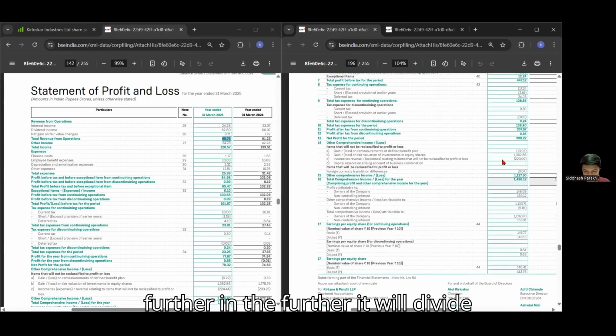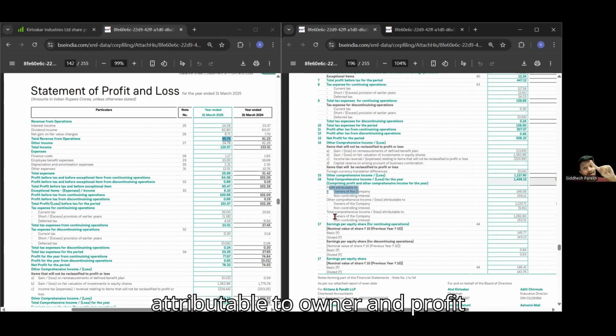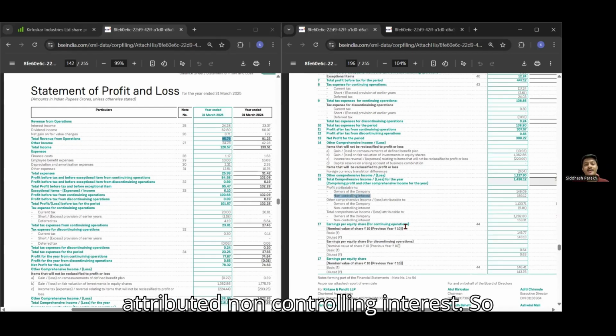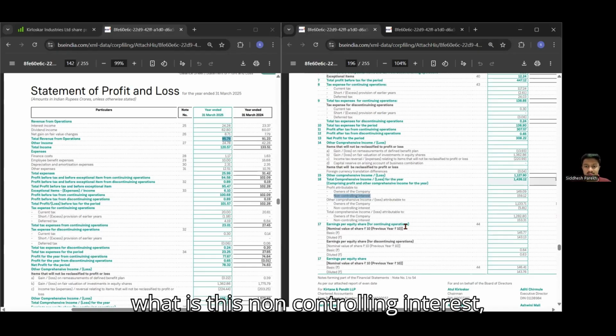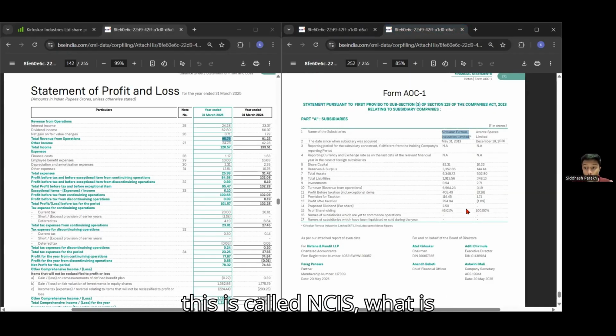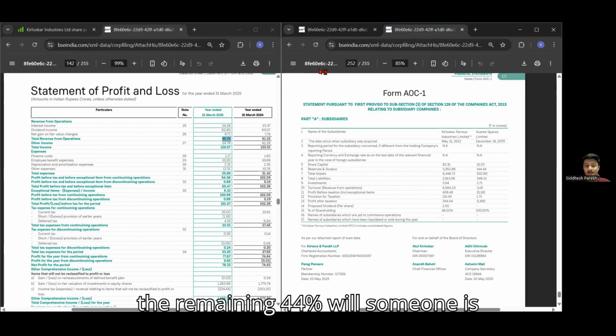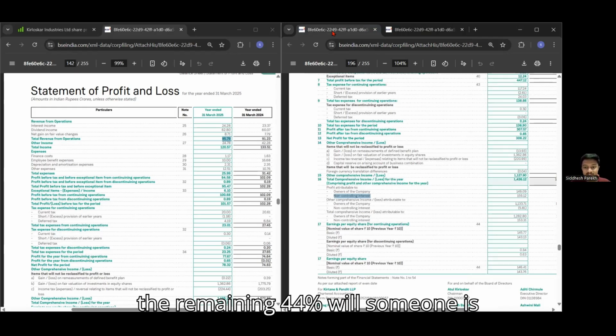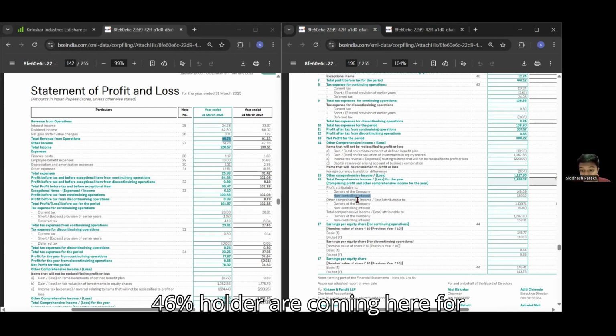But further it is divided into two: profit attributable to owners and profit attributable to non-controlling interest. What is this non-controlling interest? This is called NCI. We hold 46% of Kirloskar Ferrous Limited, but the remaining 54% is held by someone else, and those holders come here.